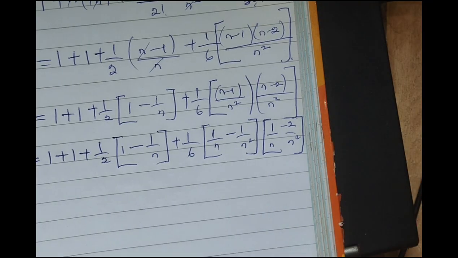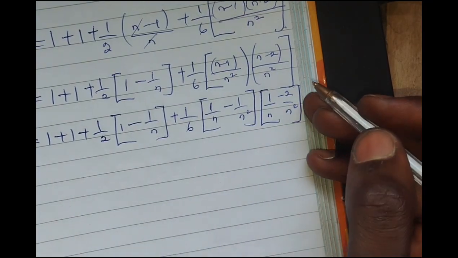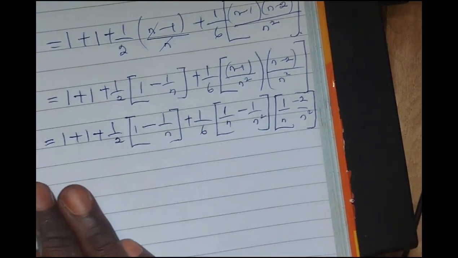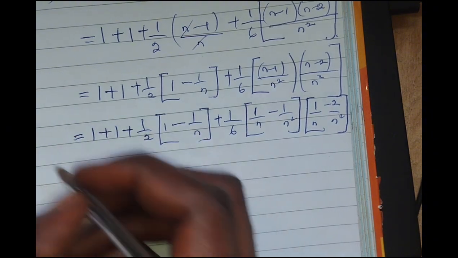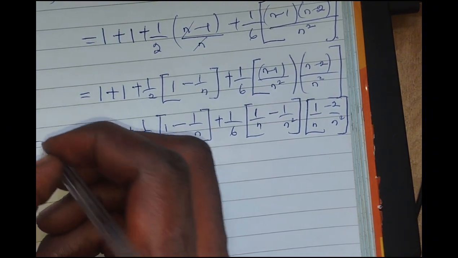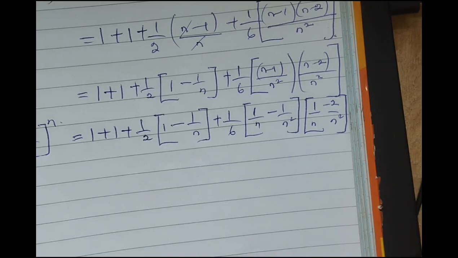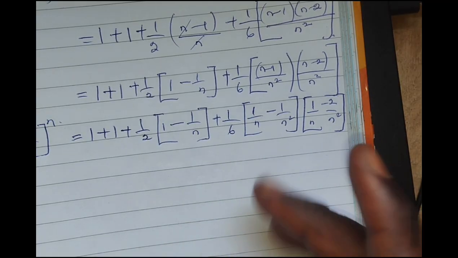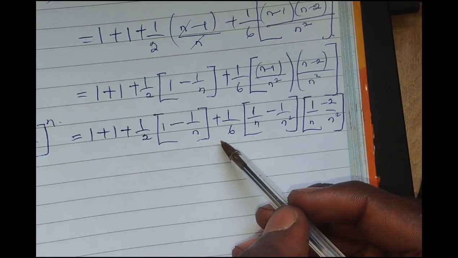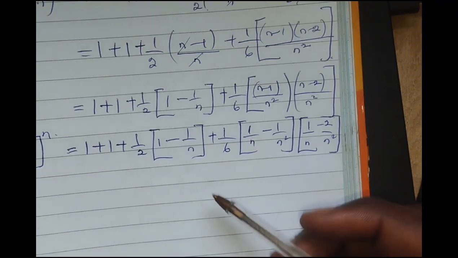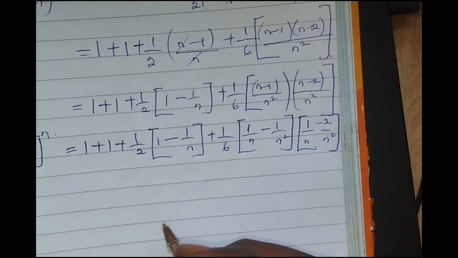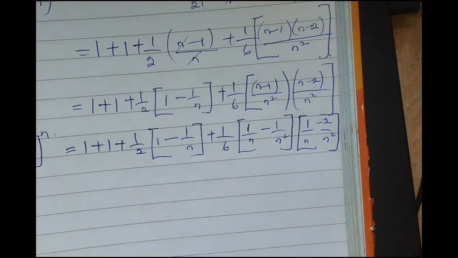Now at this point, this is all equal to the expansion of (1 + 1/n)^n. You notice that n can get very, very large, and we are limiting n to infinity. So now we can apply the limit to both sides.